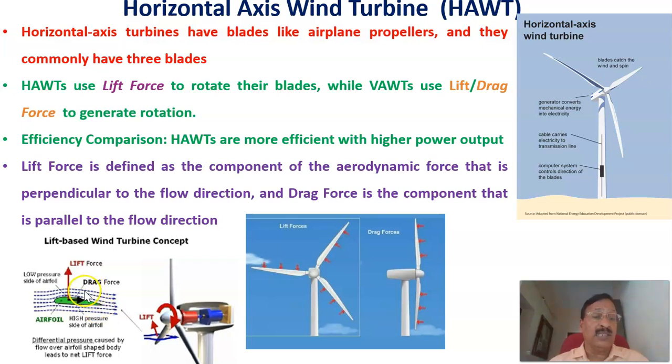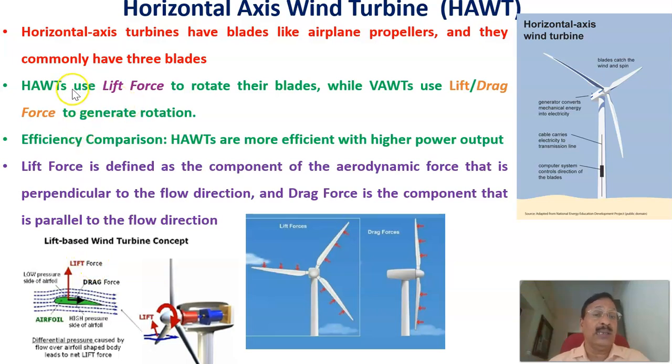The difference in velocity causes a difference in pressure. The high pressure will be on the lower side, and on the upper side there will be low pressure, so there is a pressure difference between the lower and upper side of the airfoil. Because of the pressure difference, there will be an upward force. That force we call lift force.